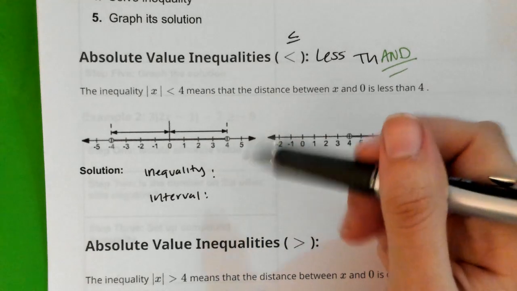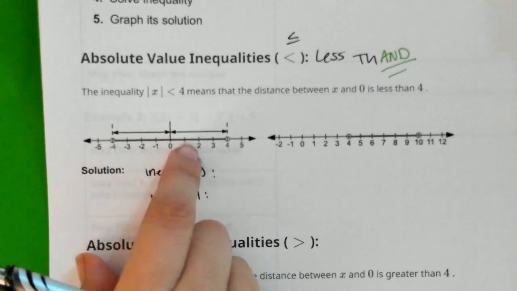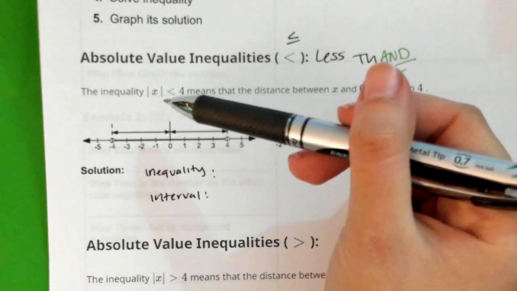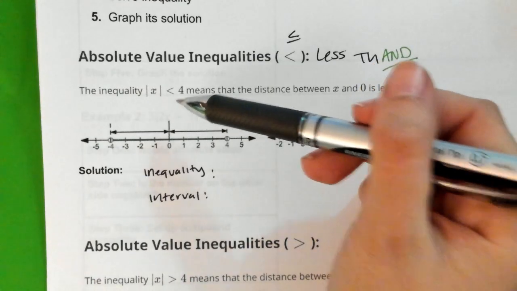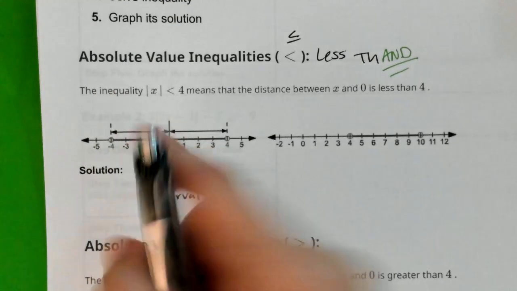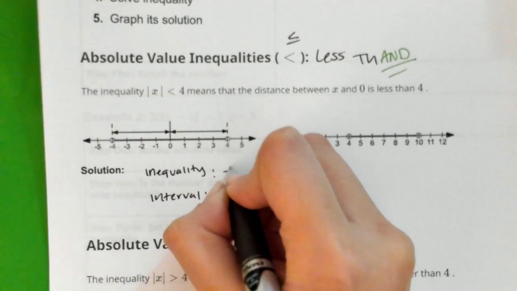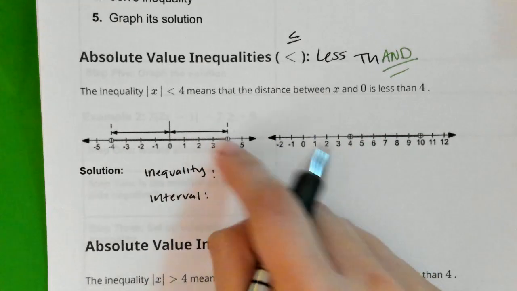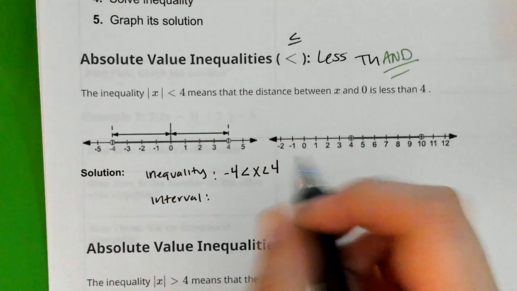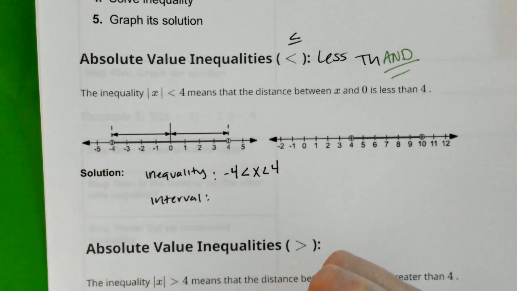And if I choose a solution outside of values between -4 and 4, for example +5, the absolute value of 5 is 5, which is not less than 4. So all my solutions are between -4 and 4. So what I'm going to do is write -4 less than, since it's strictly less than, x less than 4. So that's how I write my answers using inequality notation.